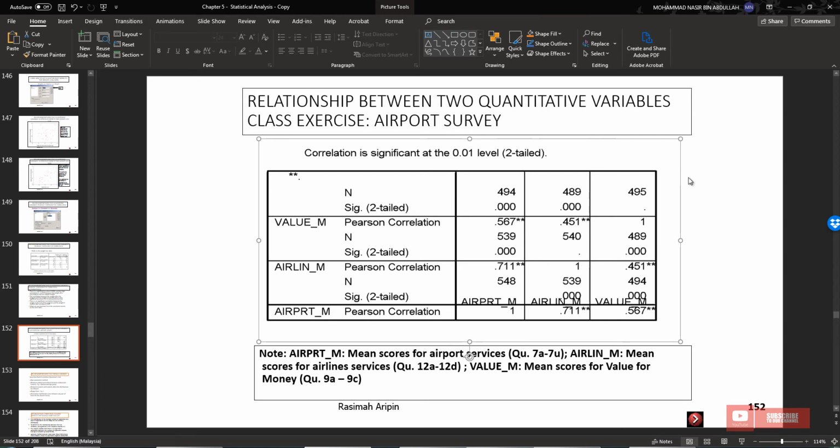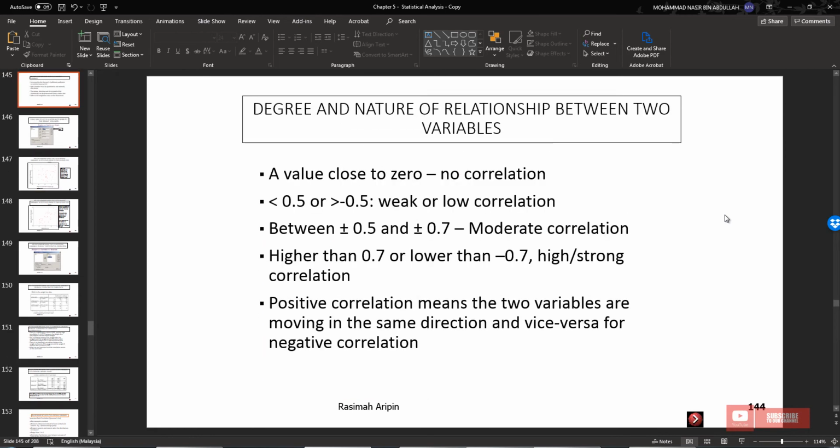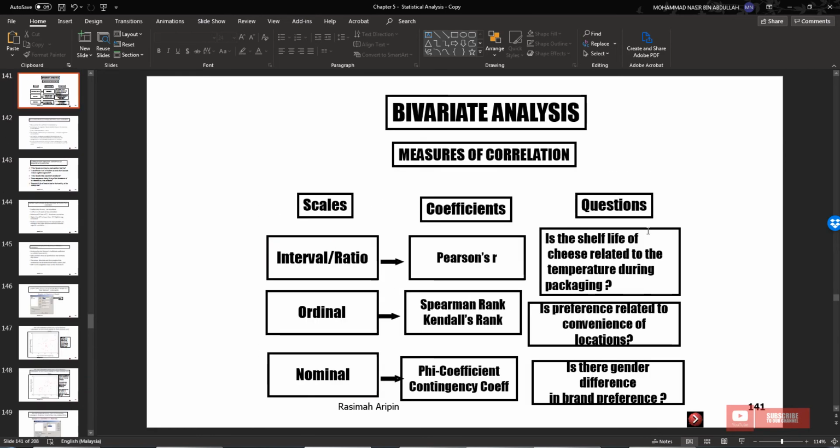It means that we want to measure the correlation between two continuous variables, right? And make sure you understand the scale of measurement that we have, and the type of analysis that you should use, right?